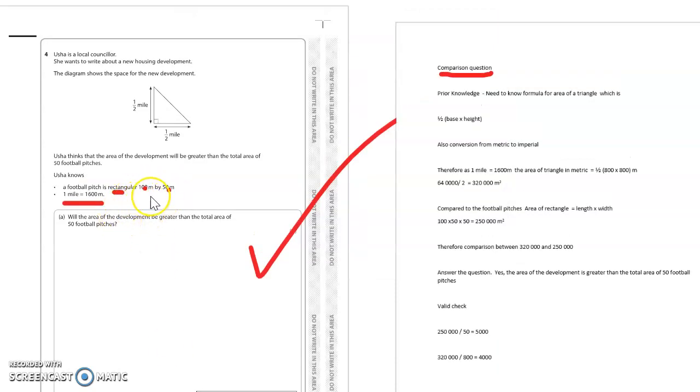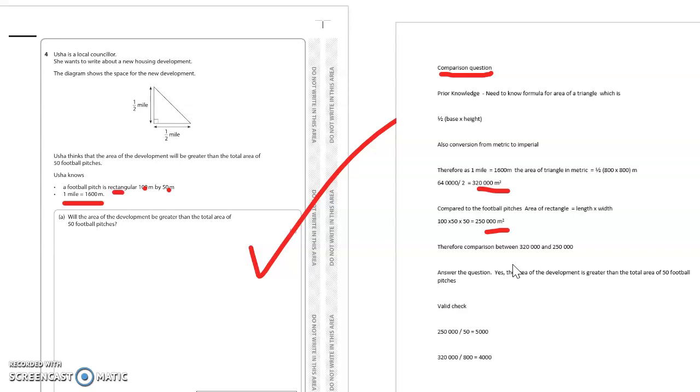But it's also saying there's 50 of them. So it's 100 times 50 times 50, which equals 250,000 metres. The units for area are metres squared. Therefore, the comparison now is between that figure and that figure, and we can see that the area of the development is a bigger number.